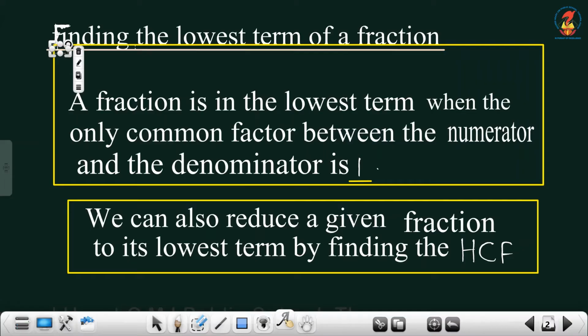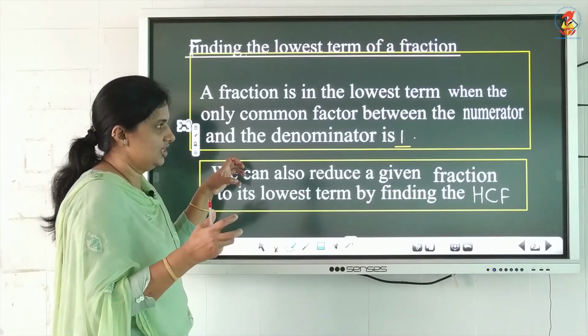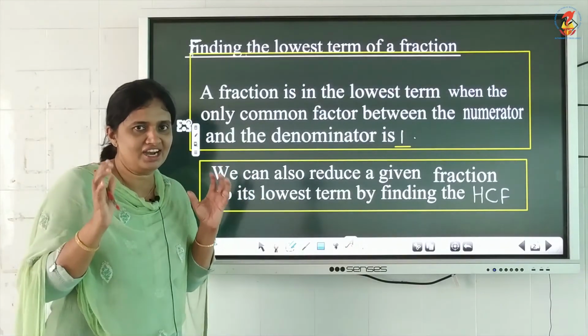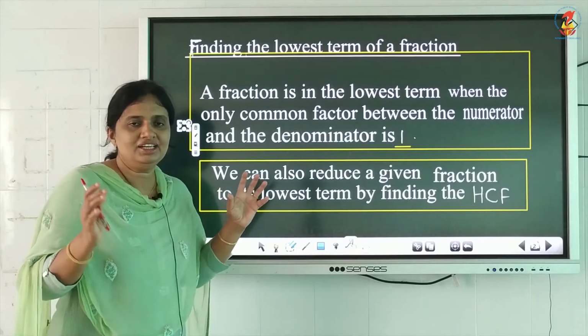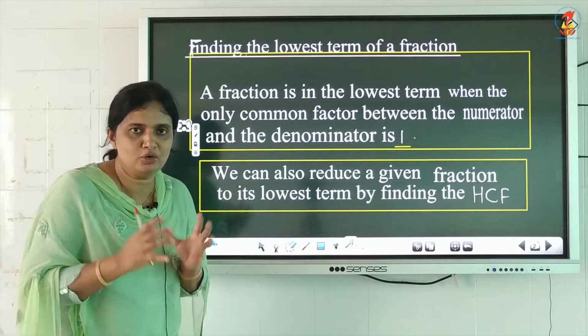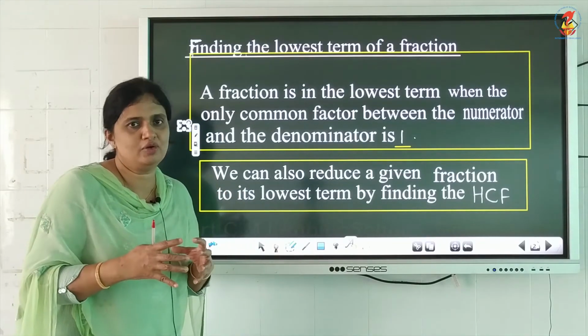A fraction is in the lowest term when the only common factor between the numerator and denominator is 1. Then that fraction is called what? Lowest term. That fraction is in the lowest term.